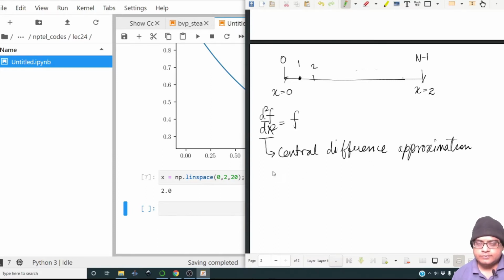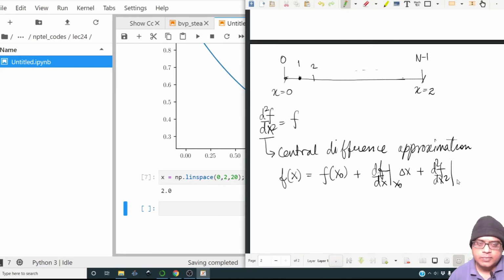All right. Whether or not it is clear how to do this, I'll just give you a gist of how it is done. So we have f of x equal to f of x naught plus df dx at x naught times delta x plus d2f dx2 at x naught times delta x square by 2 factorial and so on.